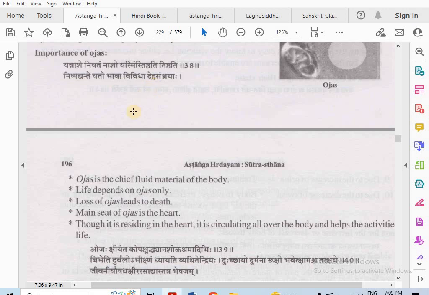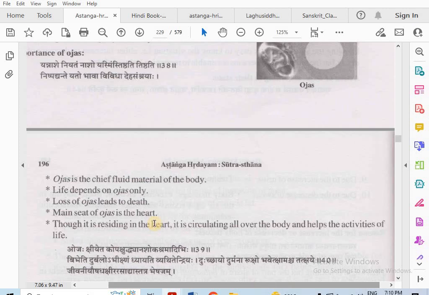So now some summary is given. Ojas is the chief fluid material of the body. Yes. Life depends on the ojas only. Yes. Loss of ojas leads to death. That we understood. The main seat of ojas is the heart. That is also clear. Though it resides in the heart, it actually circulates all over the body and helps the activities of life.